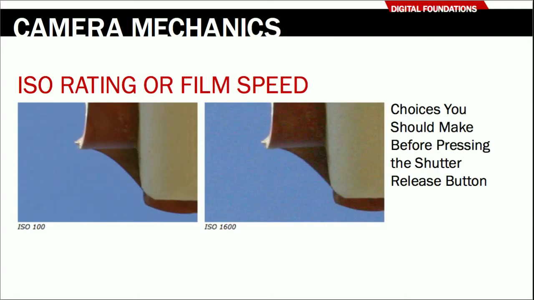So the more silver you had in your film, the less light you needed, and the more grainy your prints would look when you would develop your film and print out the pictures. We still have this idea of speed, an ISO rating and a film speed, and also the granular effect that comes with that in digital photography and in our cameras.